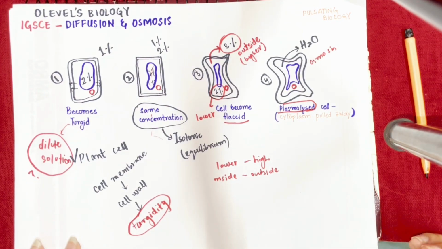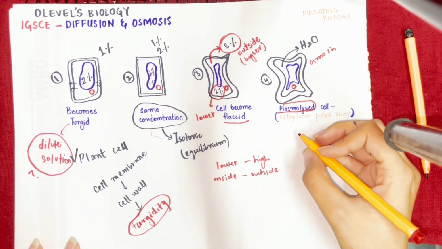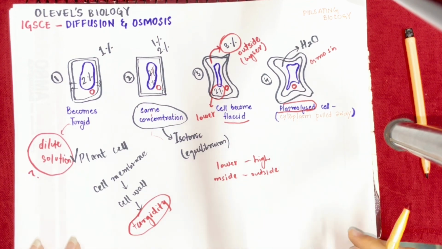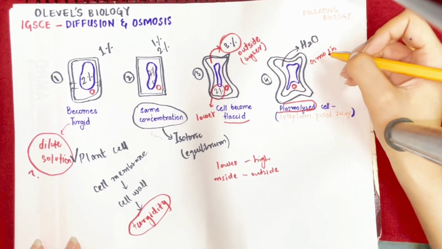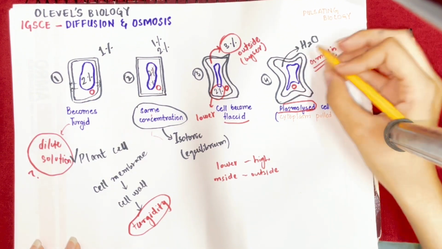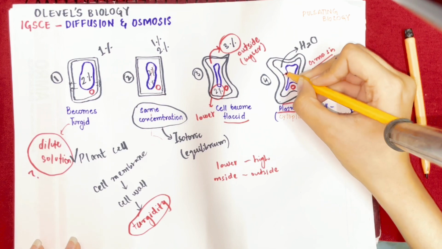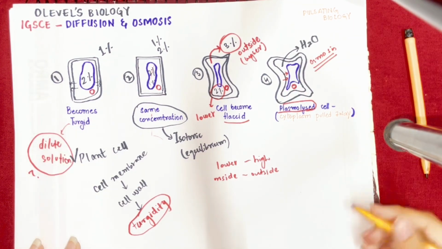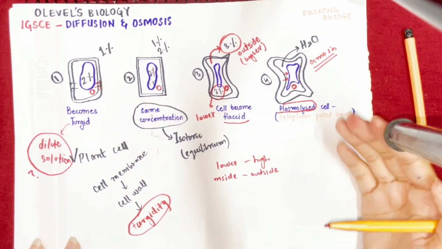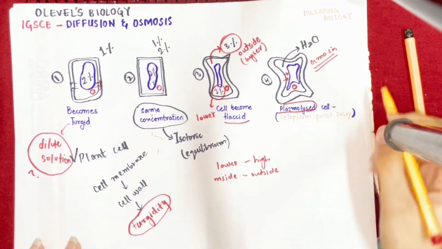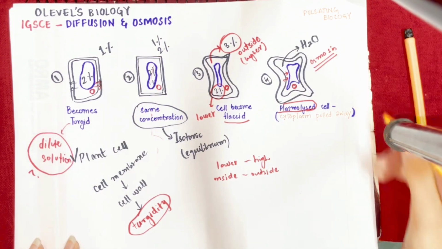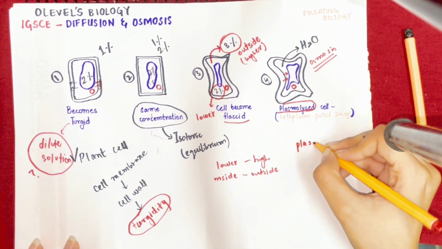We won't say that the cell shrinks, but that the cell maintains its shape to a certain extent. In the turgid condition, the cytoplasm and the cell membrane exert pressure on the cell wall, whereas in plasmolysis, the cytoplasm is pulled away from the cell wall. Such a condition is known as plasmolysis.